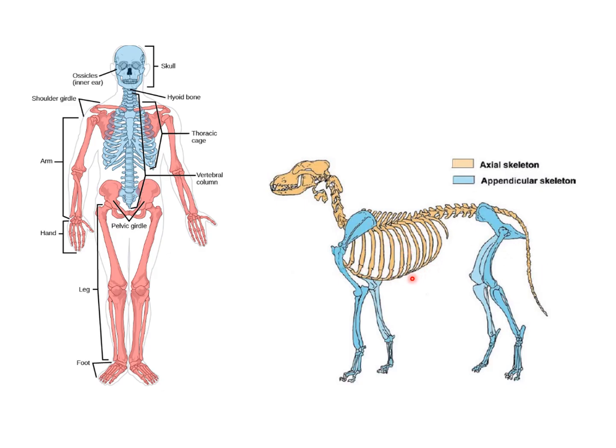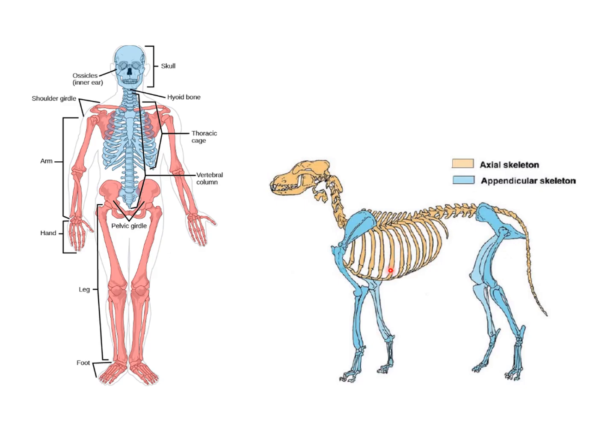The ribs are attached ventrally to the sternum, while dorsally they are attached to the thoracic vertebrae.